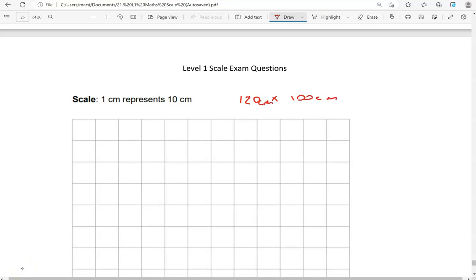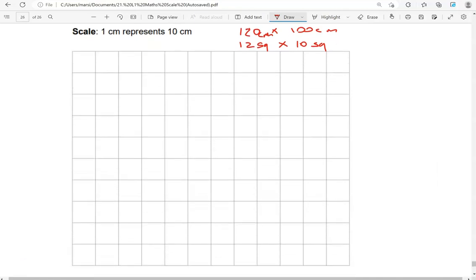As 1 centimeter represents 10 centimeters, this will be 12 square lengths by 10 square lengths. And here we have 1, 2, 3, 4, 5, 6, 7, 8, 9, 10, 11, 12. And 1, 2, 3, 4, 5, 6, 7, 8, 9, 10. So that is 1 sheet of leather.